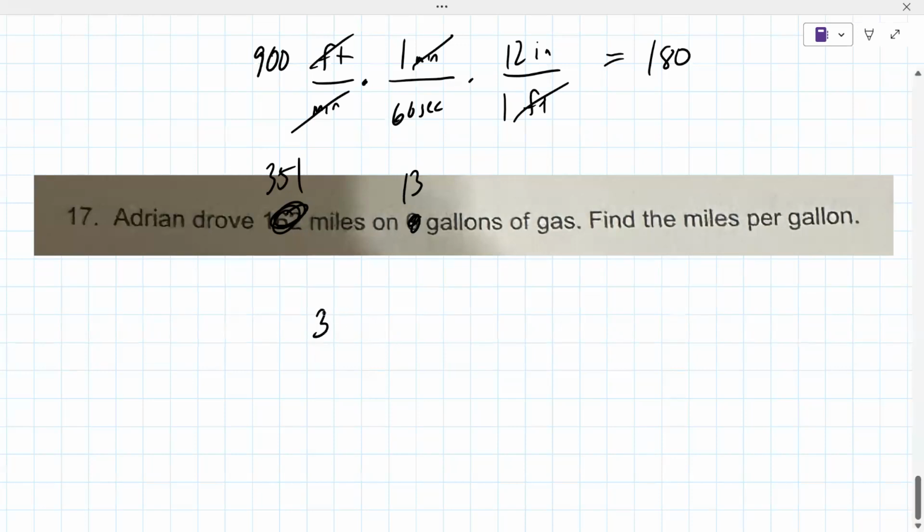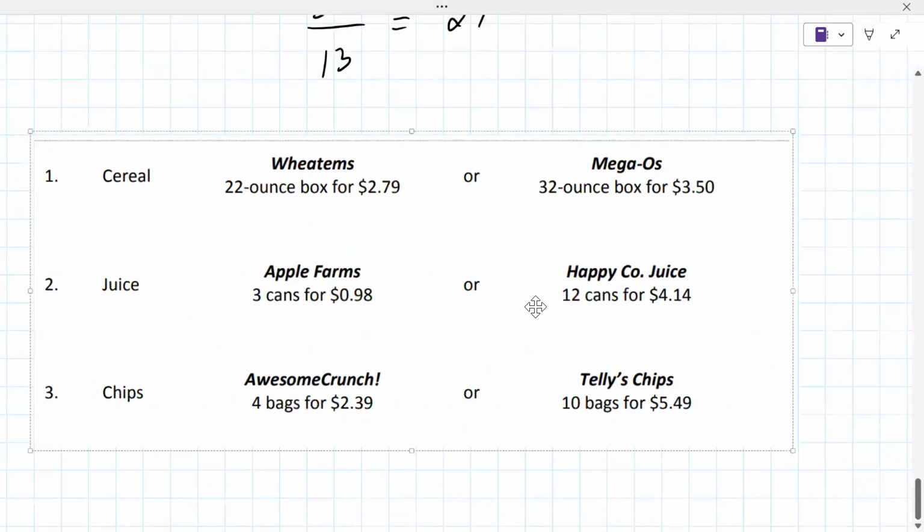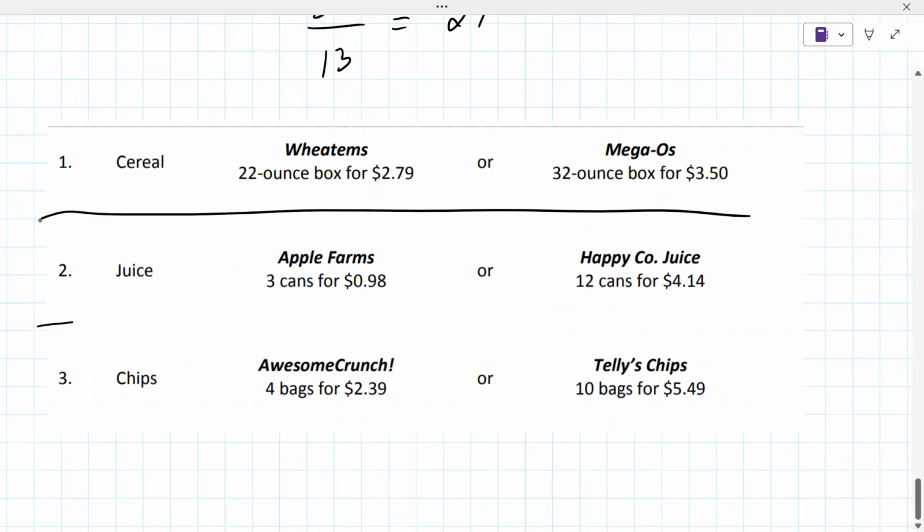That is correct. 351 divided by 13 is 27. All right. So let's have you try a couple of these unit rates. Let me know which is the better value for these unit rates. There's 3 separate problems here, just to be clear.